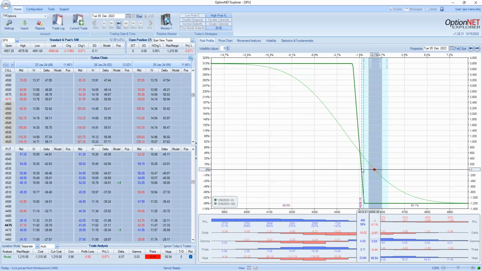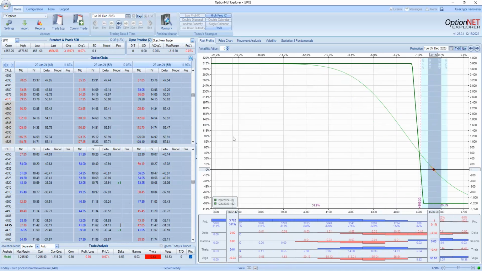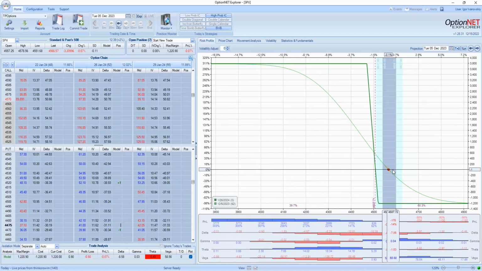So this put debit spread is going to neutralize the naked puts that I'm going to sell. So if I'm trading a little bit closer to at the money with my put debit spread, that's going to give me less positive delta overall for this trade.